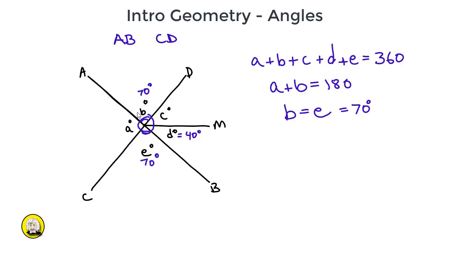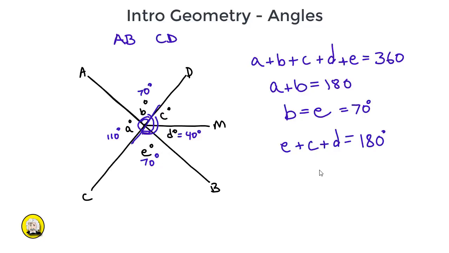And A and B are supplementary, so that means A must be 110 degrees. 70 plus 110 form the angle along a line of 180 degrees. Lastly, I know E plus C plus D are also angles along a line, so they must equal 180 degrees in total. E plus C plus D.